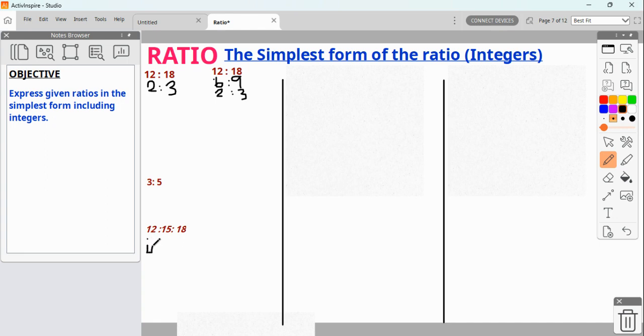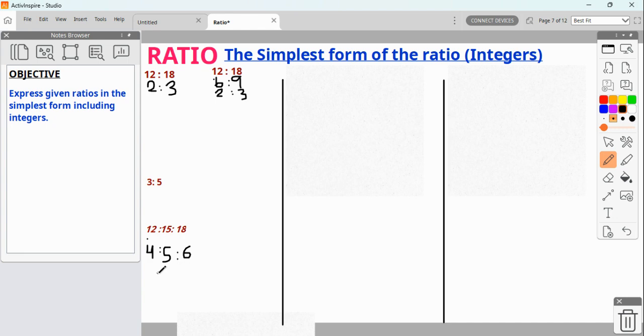3 times 4 is 12, and 15 is also divisible by 3. 3 times 5 is 15 and 3 times 6 is 18. So we got 4 ratio 5 ratio 6.